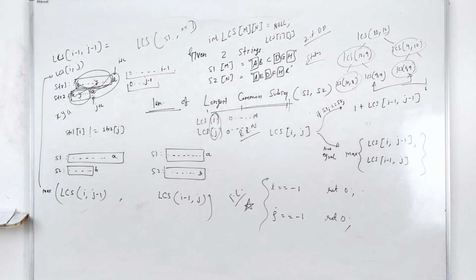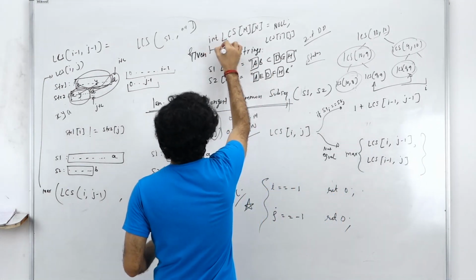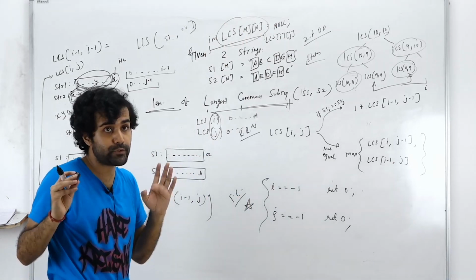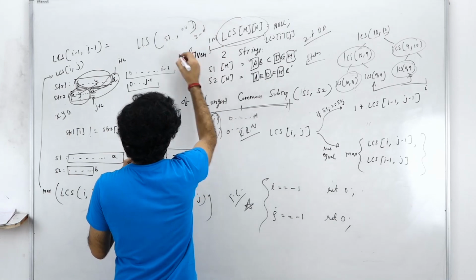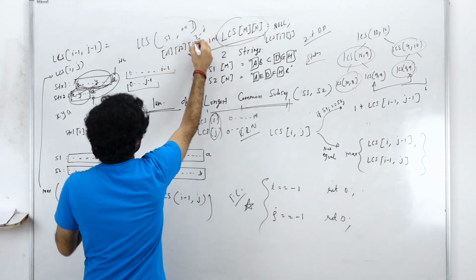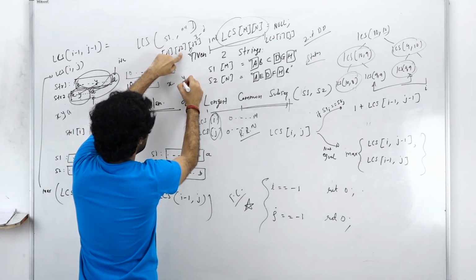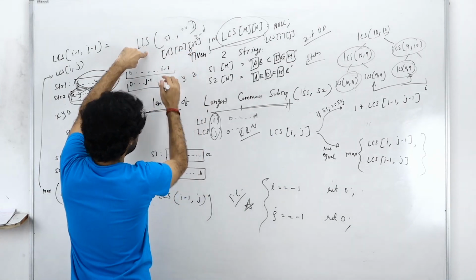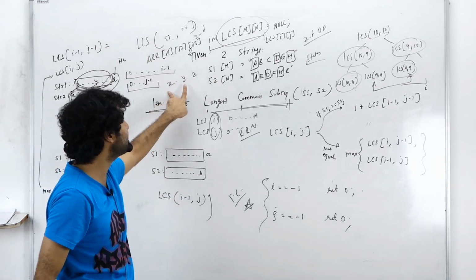Do you understand how I decide the shape of my memoization data structure? This is easy to understand. Let's say there are 3 dimensions: dimension 1, dimension 2, dimension 3. If for dimension 1 there are x possibilities, for dimension 2 there are y possibilities, and for dimension 3 there are z possibilities, then the 3D array that you would declare to memoize the things should be of size x into y into z.